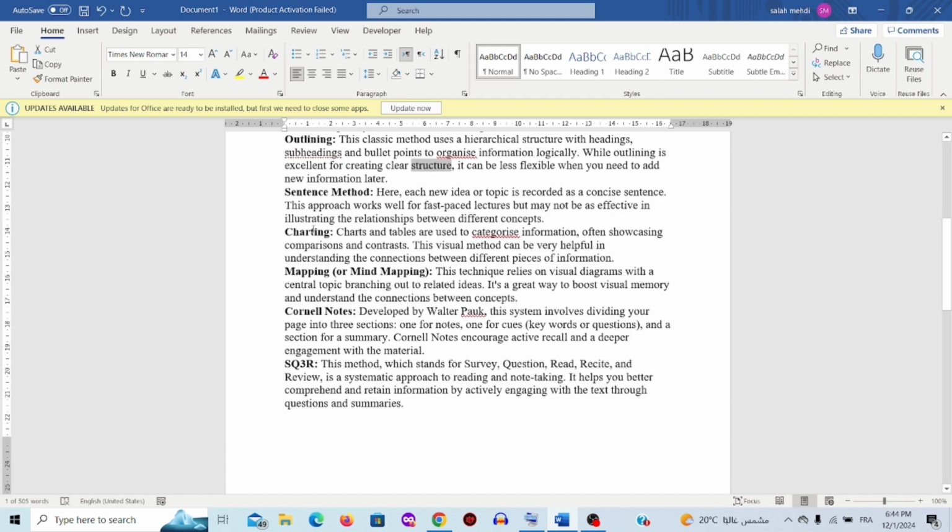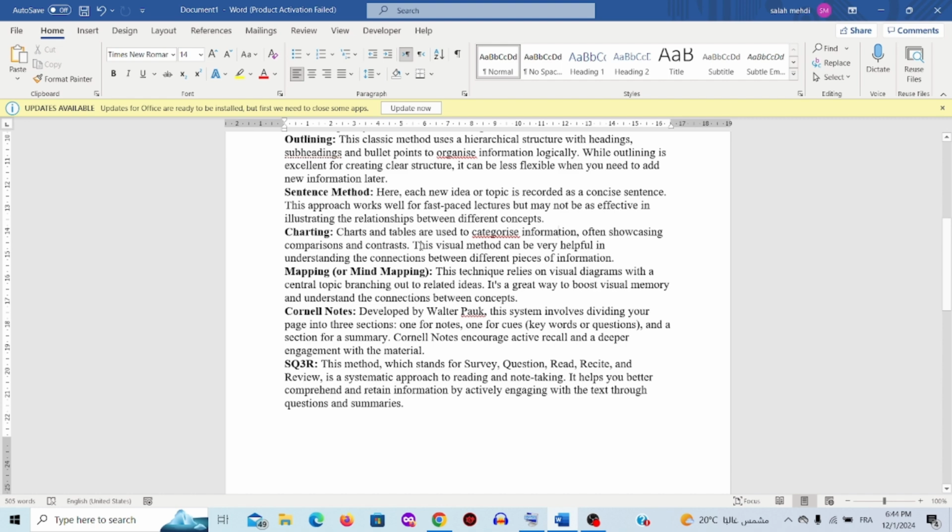And we have also charting. Charts and tables are used to categorize information, often showcasing comparisons and contrasts. It's basically used for المقارنات والتباين. If you want to make a comparison between two things, you are going to use a chart or a table.